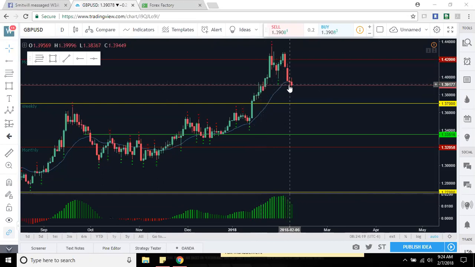So what I'm looking for is maybe just a little bounce up, hit this area, and then some more failure, basically, into the top of this weekly level. Same thing what I'm looking for on EU, but just not as big of a move.